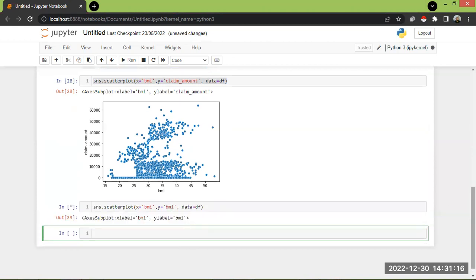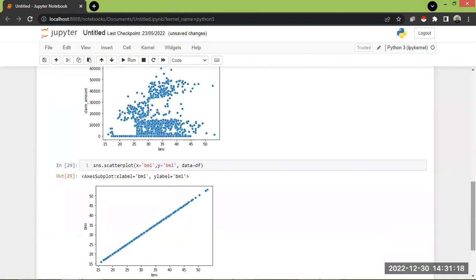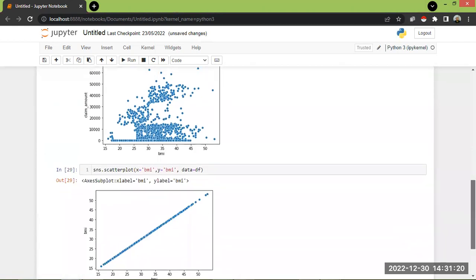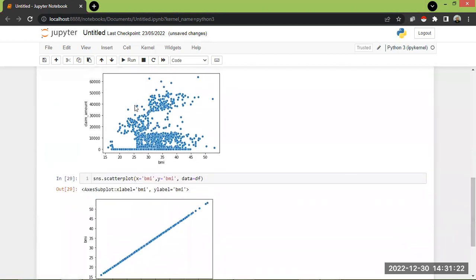So let's look at these two plots. We can see here that the relationship between claim amounts and BMI is weak. What this means is that someone that's 50 years old probably has a BMI at a very low amount, at the normal threshold.